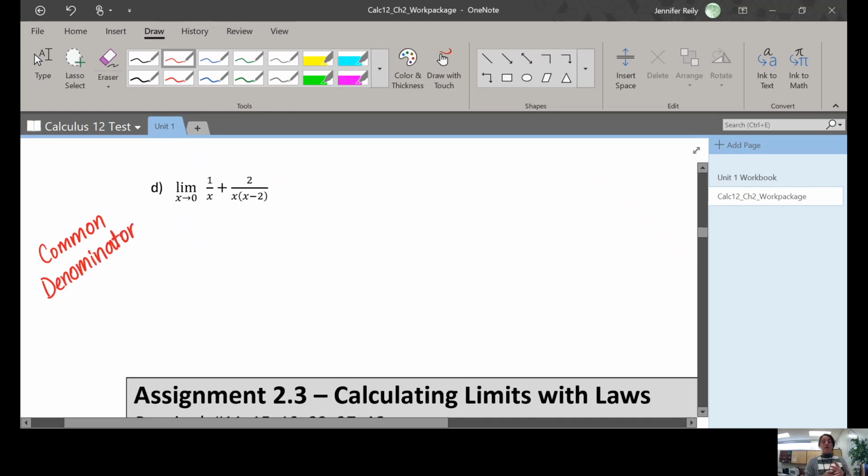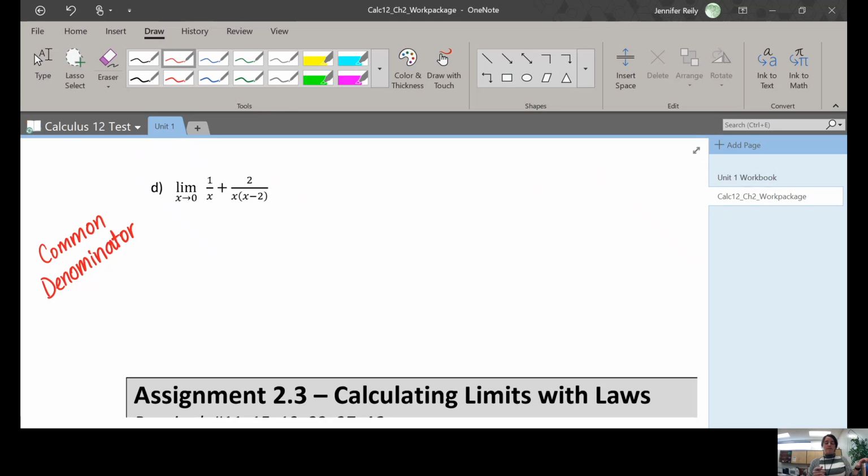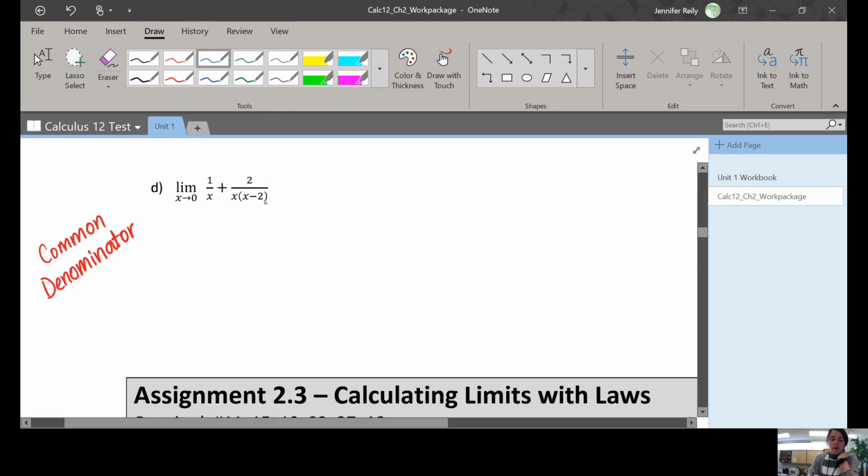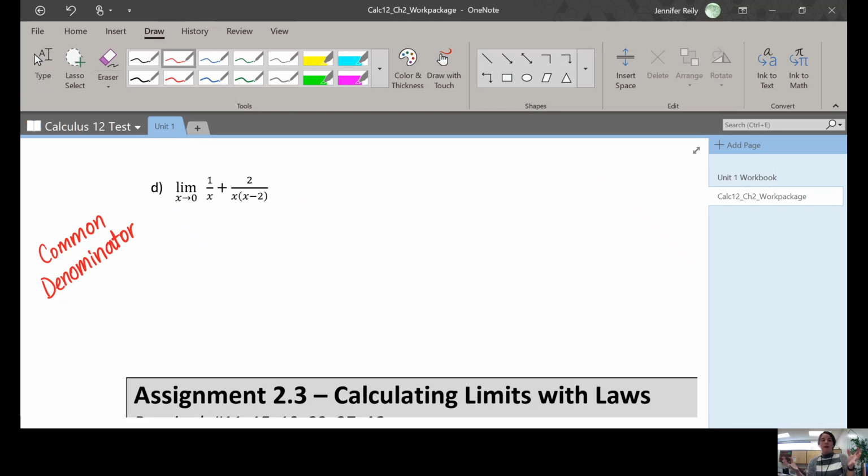This actually pops up throughout the course, even when we're not doing limits later on. In later chapters, we're going to be using this strategy too to combine fractions together because it just makes things simpler. So when you have more than one fraction term and you can't use the direct substitution property, what you want to try is making a common denominator and putting the two fractions together.